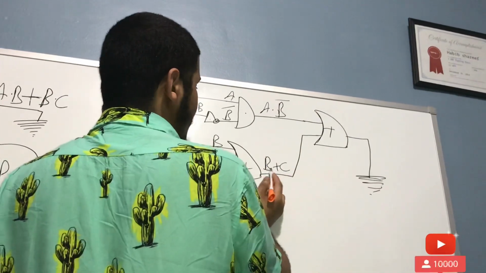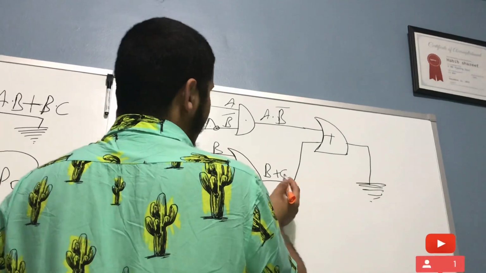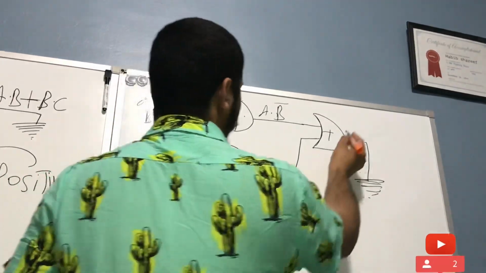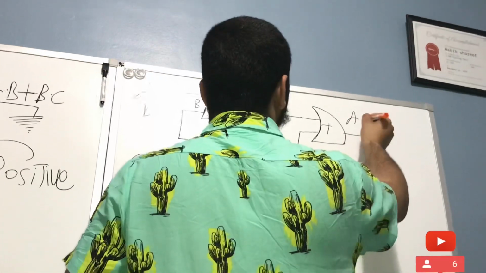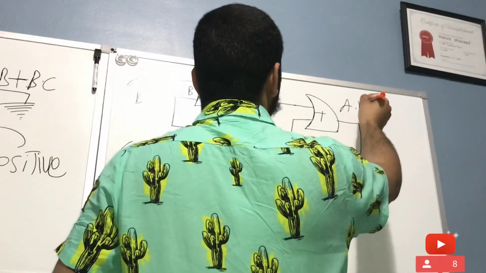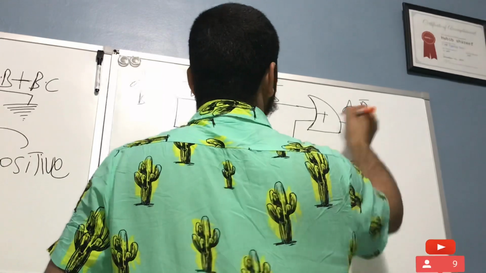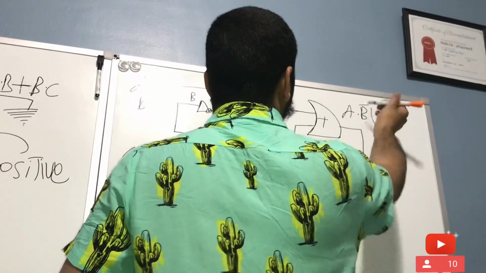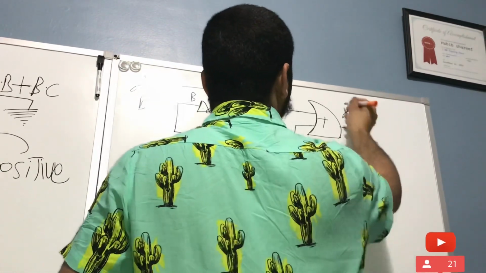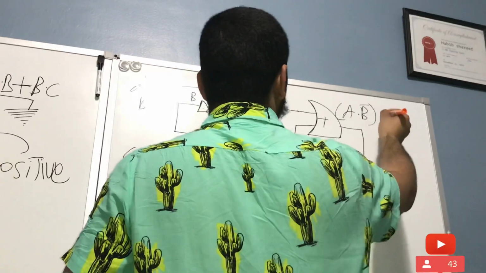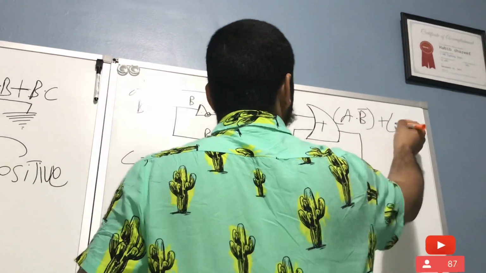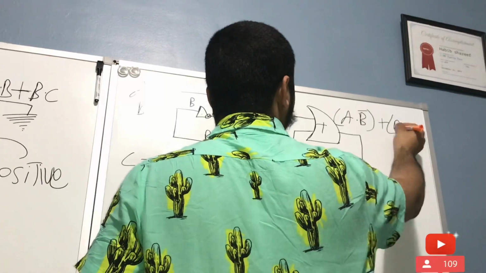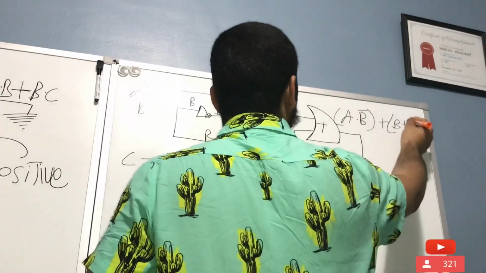We have B times C. So in this one, it will be A plus B converted, put the parentheses, plus B, plus C.